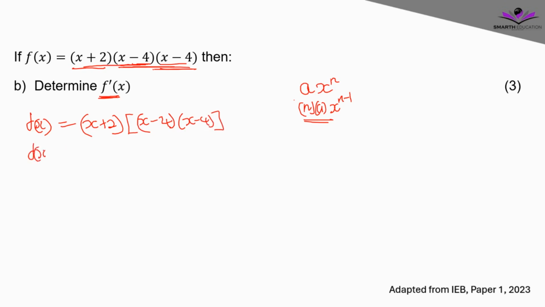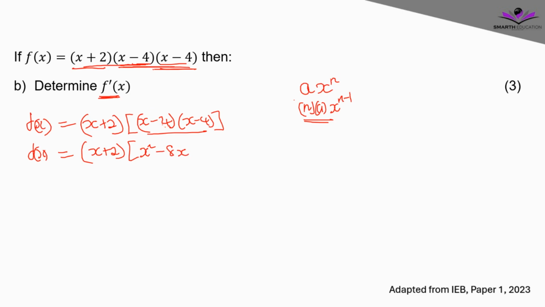Then f of x is equal to x plus 2. And then let's expand this. This is x squared, and then 2 times x times 4. Then because of the negative 4, there's going to be negative 8x. And then we square negative 4.